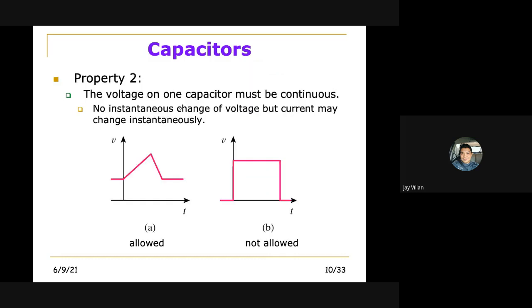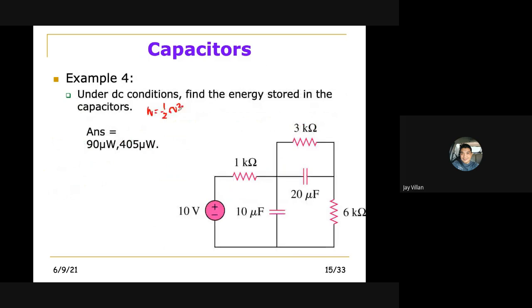Since it is an open circuit at DC, these capacitors are not present when you look at them at DC. So that is how your current flows.